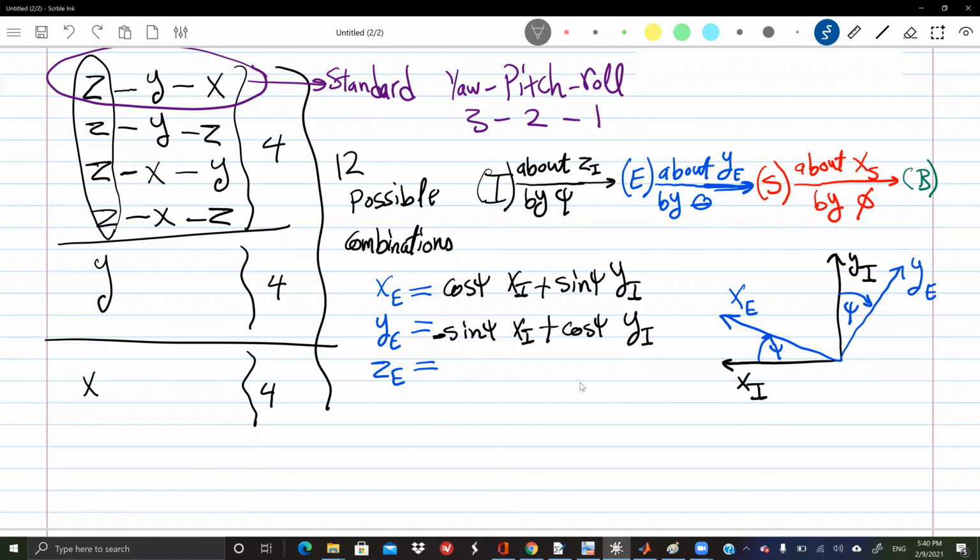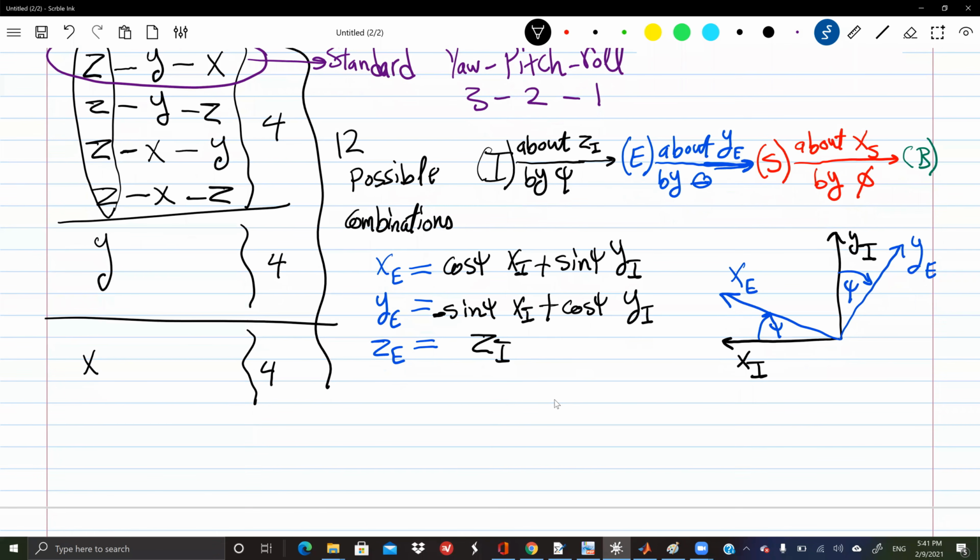And the super easy relation between the new Z and the old Z: the rotation happened about Z, so it remains fixed, and they are exactly equal. Any question about these three? I'm done. I managed to relate XYZ new, sub E, to XYZ old, sub I.